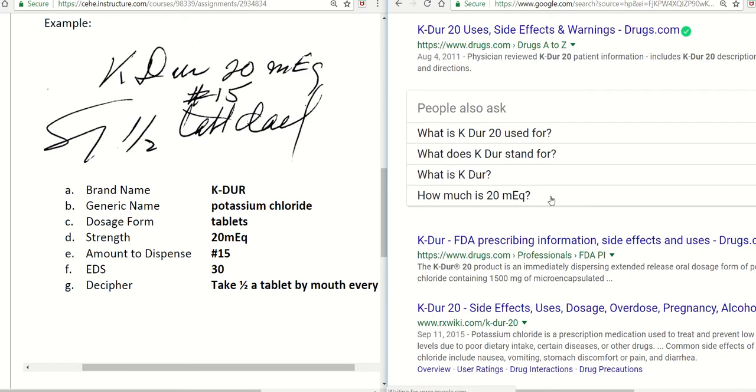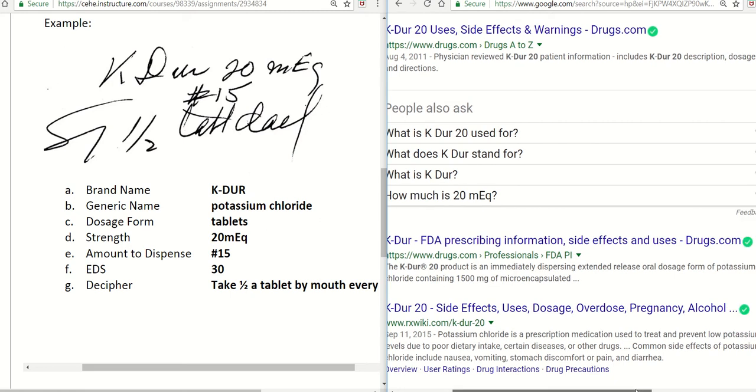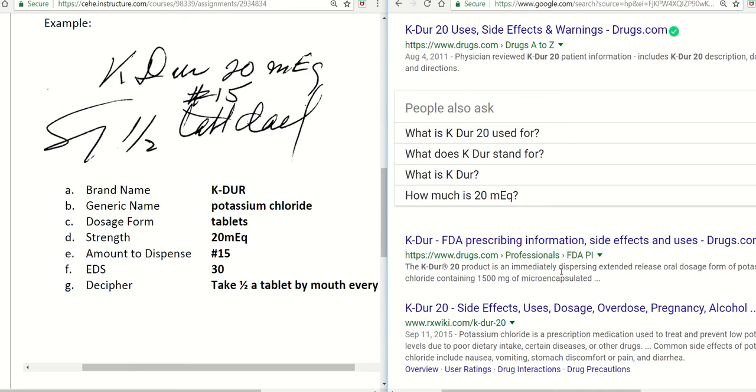So it tells you it's potassium chloride, a little bit off the page here. And it tells you that it is extended release tablet. So here, you should actually put extended release tablet. So Cater, generic name, potassium chloride, extended release tablets.